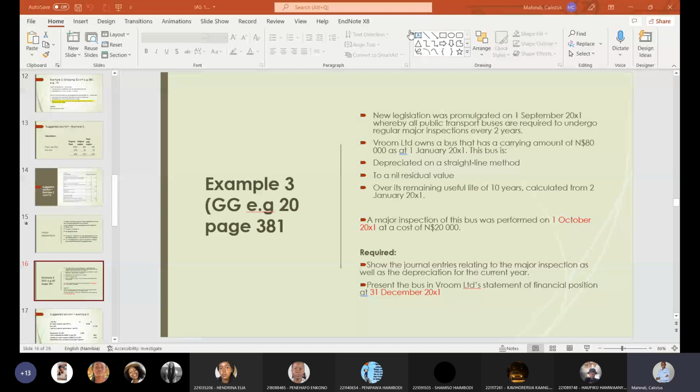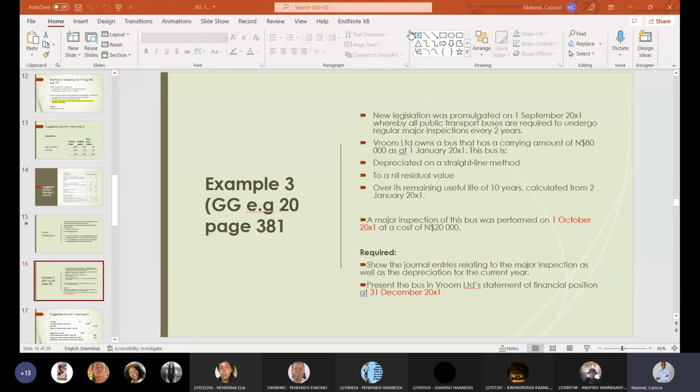So Alpha Dube says the bus inspection depreciation will be 2,500. Dewana Joseph just mentions an amount of 10,000, and Haufiku just mentions an amount of 8,000. You have to mention what this actually relates to.